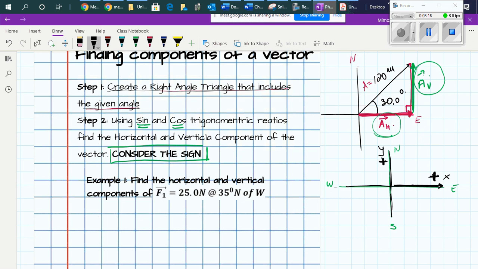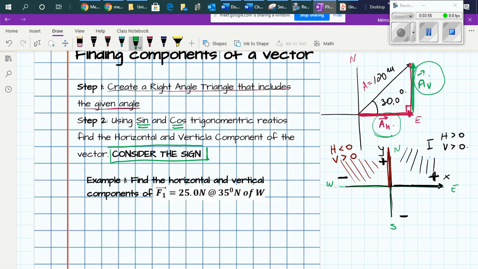But horizontal left is negative and going down is negative. So anything that is in the first quadrant, when we have a north of east, both the horizontal and vertical are positive.